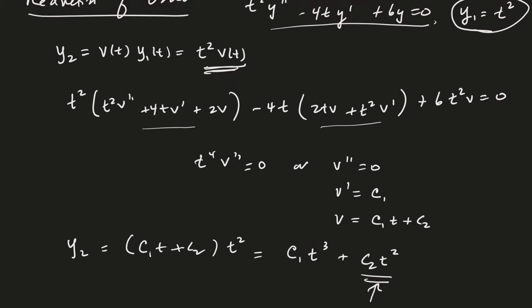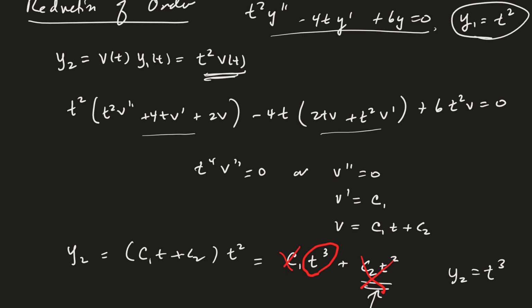Because y1 is t squared. And so if you're just looking for a fundamental set of solutions, you don't need to include this piece or the constant. I would just say that y2 is equal to t cubed. Good. And so that is the method of reduction of order.